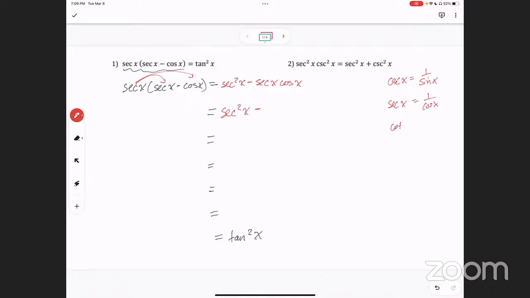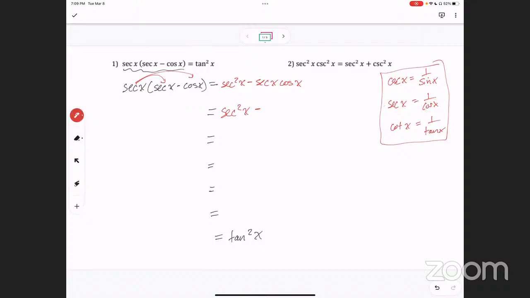And the cotangent of x is equal to 1 over the tangent of x. You have to have those memorized. And also the flip, right? Sine would be equal to 1 over cosecant as well. Cosine would be equal to 1 over secant as well, right? I'm not going to write all those.